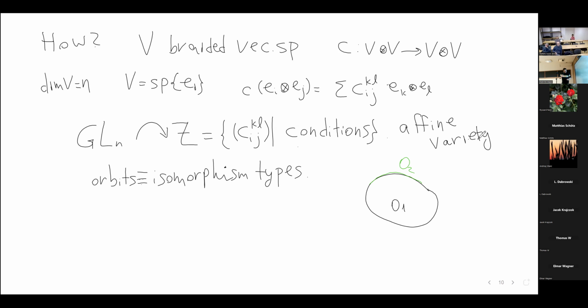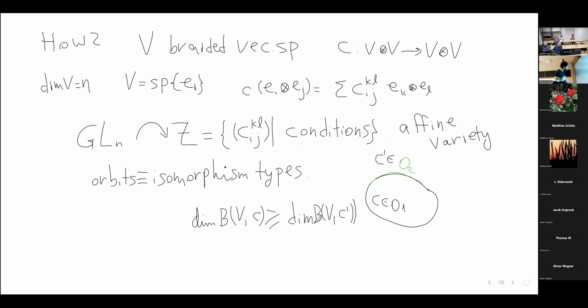Why is it important for me, specifically for questions of Nichols algebras? Because having a finite dimensional Nichols algebra is something that will descend from O1 to O2. So in principle, if I have one orbit on the boundary of another one, and I take some C' in this O2 and C inside O1, then the dimension of B(V,C) is going to be bigger than or equal to the dimension of B(V,C').